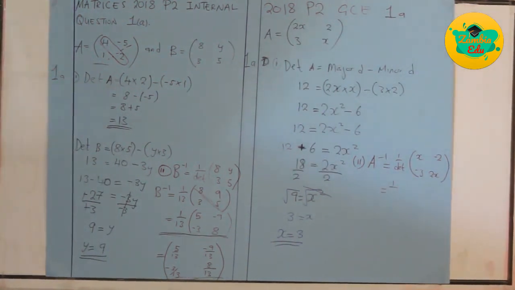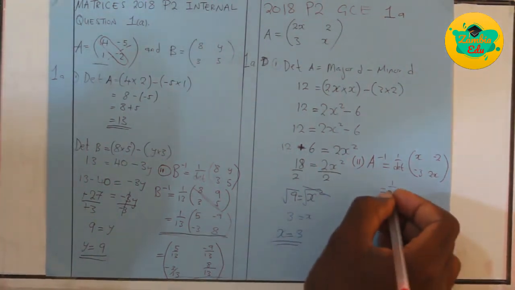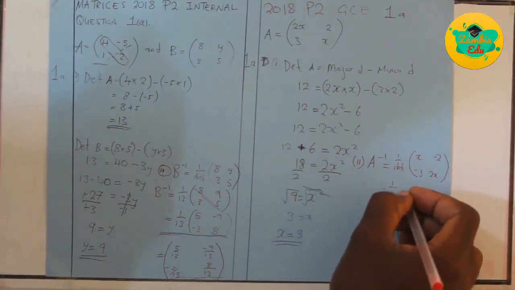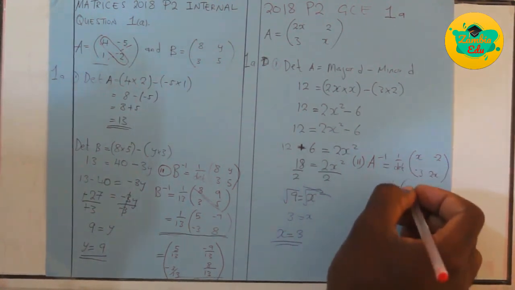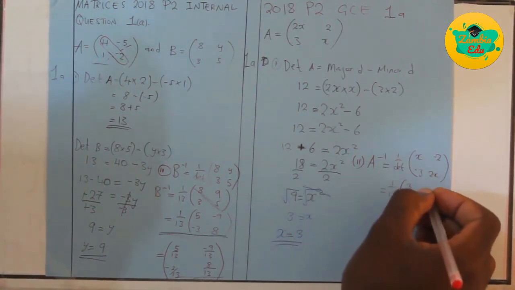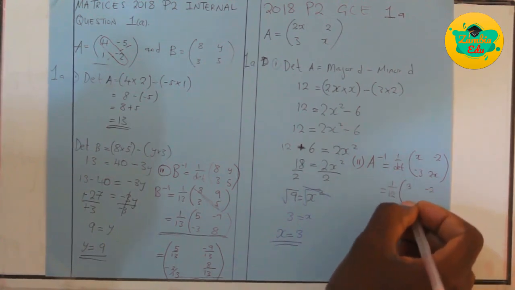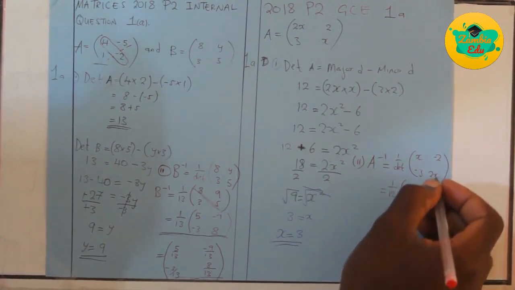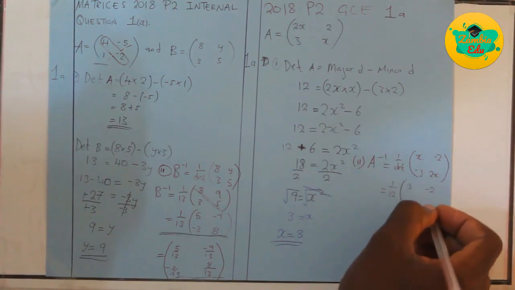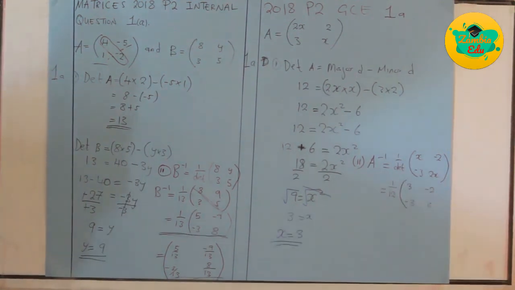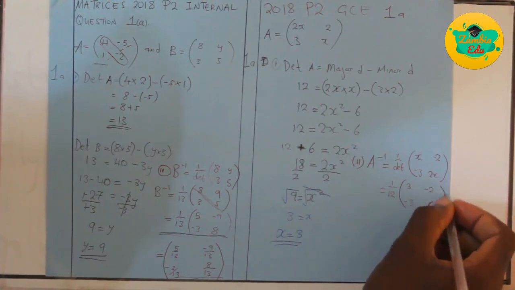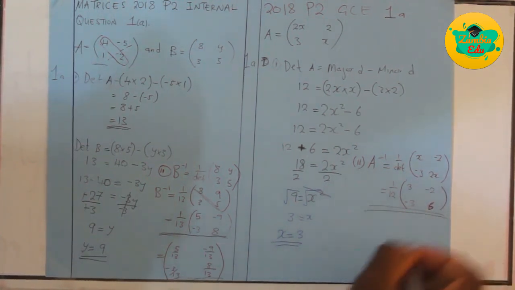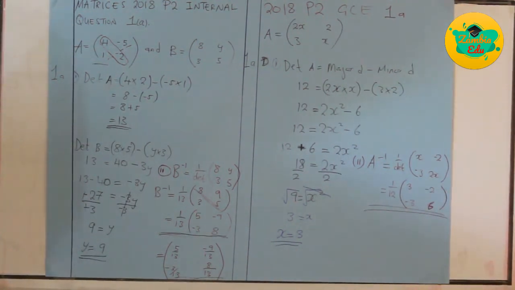What is the determinant? The question says it's 12. So you have your 12 as the determinant over, what is the value of x? The value of x is 3. Then you have your negative 2, your negative 3, and 2 times the value of x, which is 3, giving us 6. At this particular point, they'll be able to give you your 4 marks.